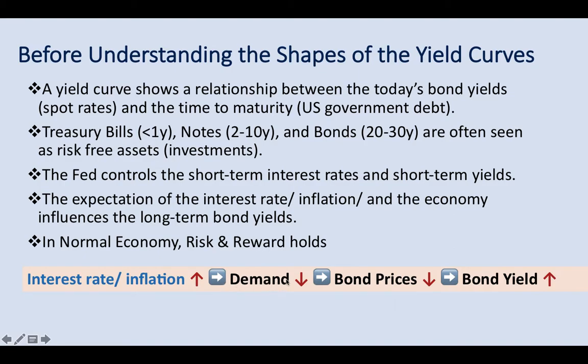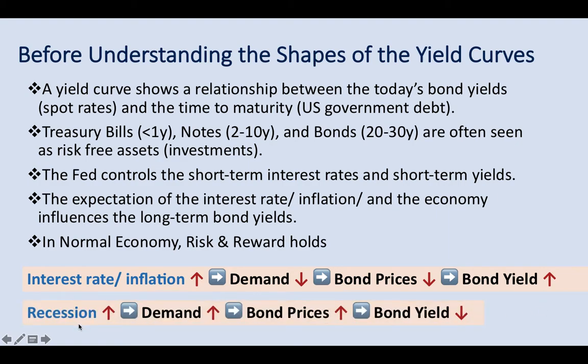Then the demand for long-term bonds will decrease, right? If the interest rate increases, nobody wants the current bonds at the lower rate, so demand decreases. The decreased demand will cause the bond price to go down, and the price going down will cause the long-term bond yield to go up. So this is the relationship.